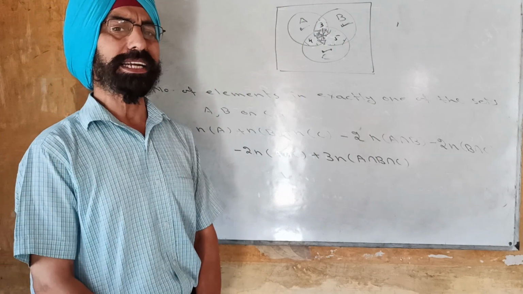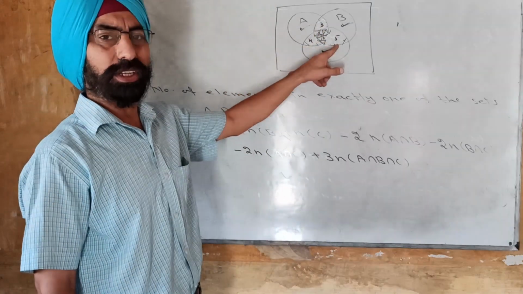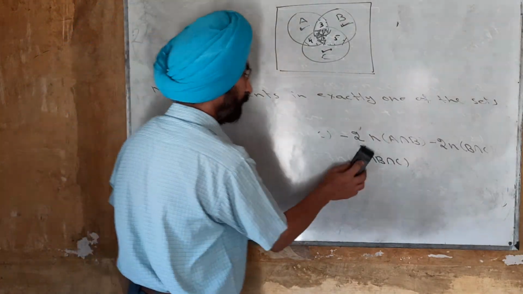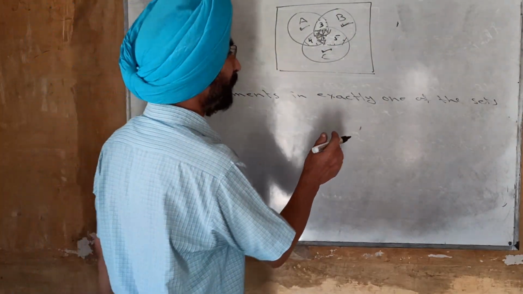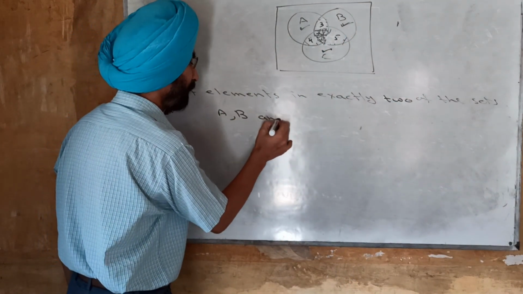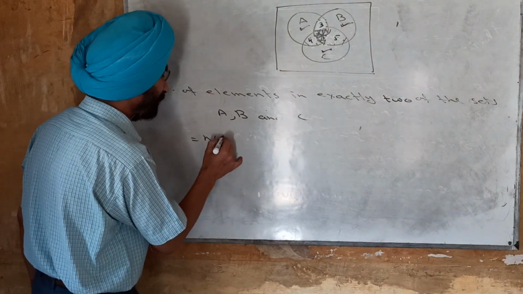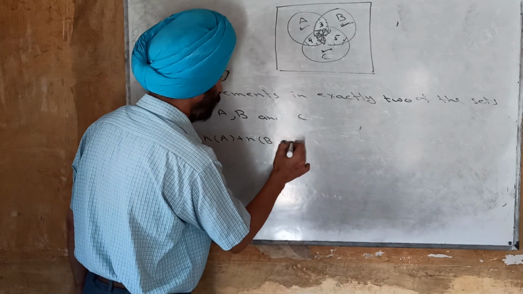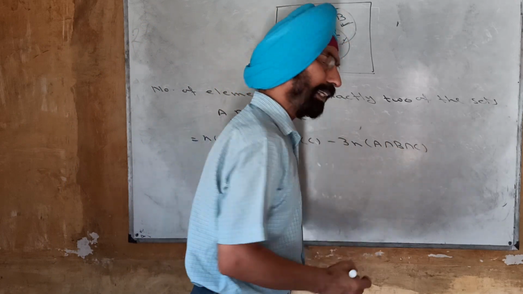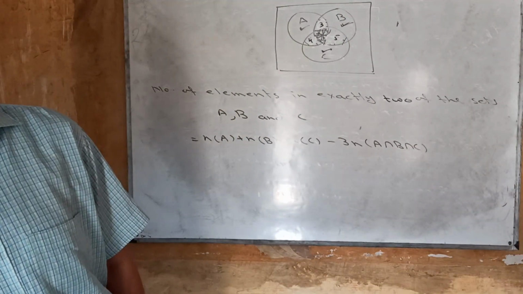If we are asked to find the number of elements in exactly two of the sets, that means the number of elements lying in these portions 3, 4 and 5, then the formula will be: number of elements in exactly two of the sets A, B and C is equal to number of elements in A plus number of elements in B plus number of elements in C minus 3 times number of elements in A intersection B intersection C. This will be the formula if we are asked to find the number of elements in exactly two of the sets.